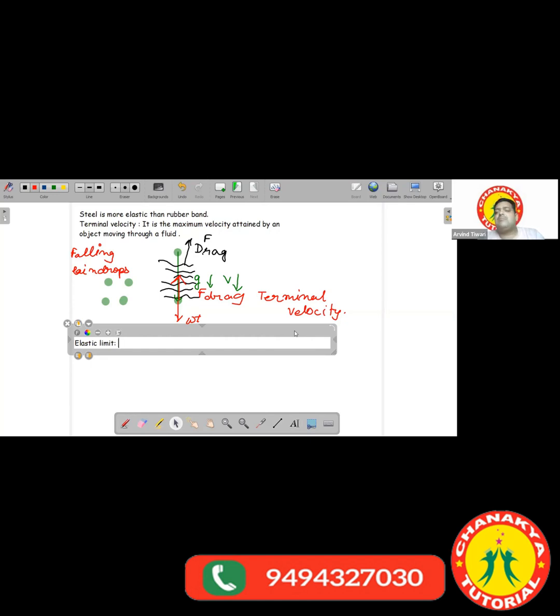So that maximum force or maximum stress up to which the substance has the capacity to regain its original shape, this we call the elastic limit.